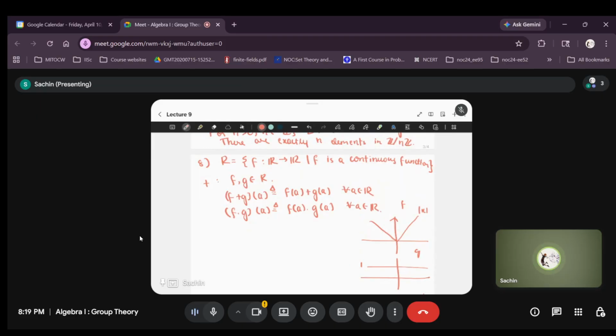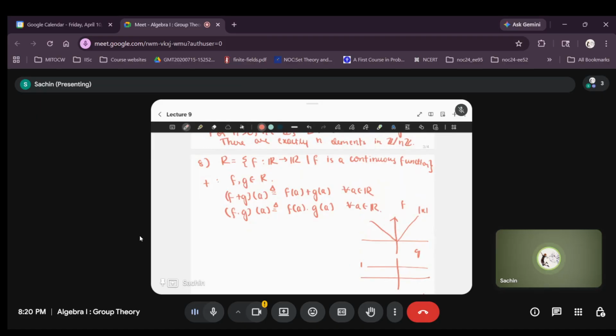That's the sum formula. That's all. Because the limit of f plus g of a would be equal to the limit of f of x plus g of x, because f plus g of x is defined to be f of x plus g of x.